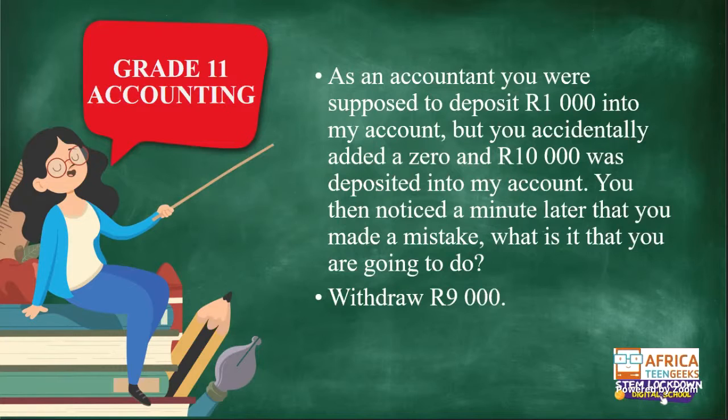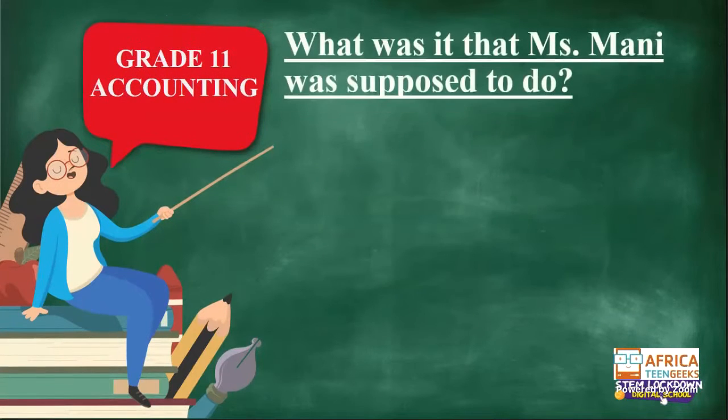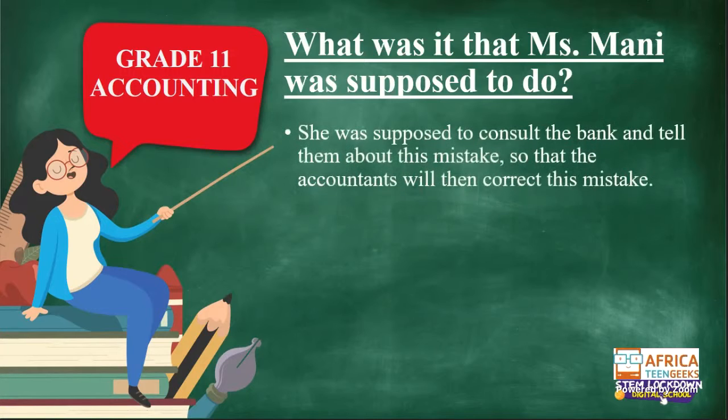So today we'll be dealing with correcting such errors and omissions. We'll be checking the balances of the bank account and the balances of the bank statement, right? Now let us look at what Miss Money was supposed to do. She was supposed to consult the bank and tell them about this mistake so that the accountant would then correct it.